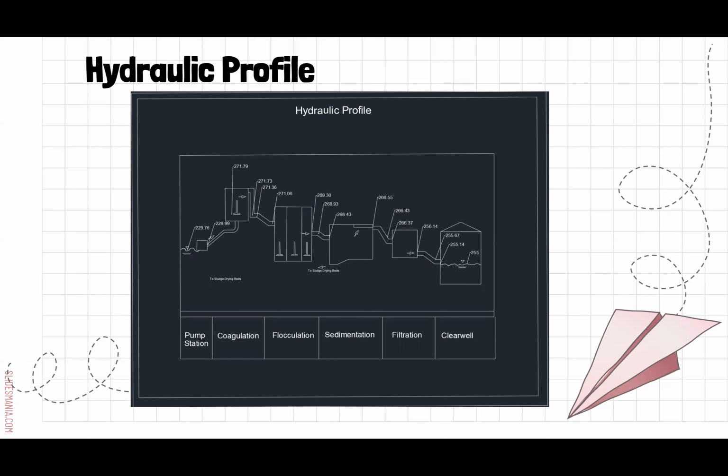It goes on to the flocculation process at the elevation of 269.30 feet, and to the third process of sedimentation at the elevation of 266.55 feet, and to the fourth process of filtration at the elevation of 256.14 feet, and finally our clear well at the elevation of 255 feet. We'll now move on to our sludge drying bed design, covered by Daniel.